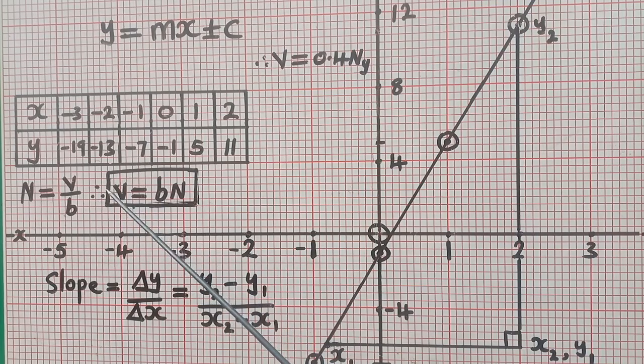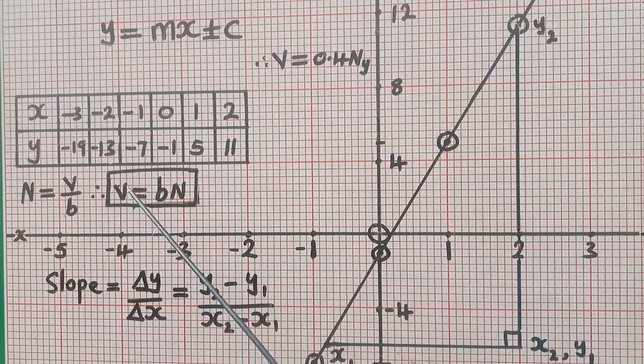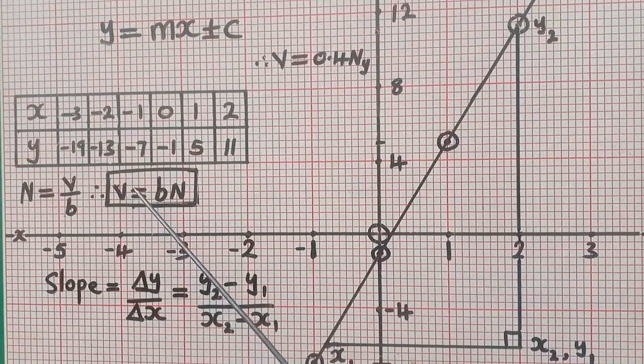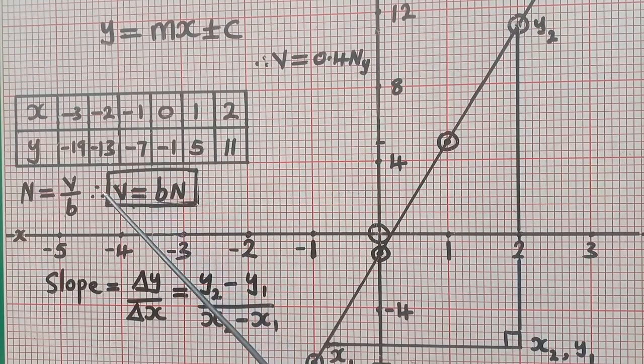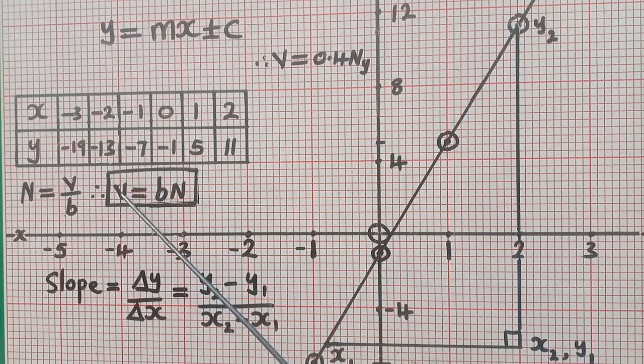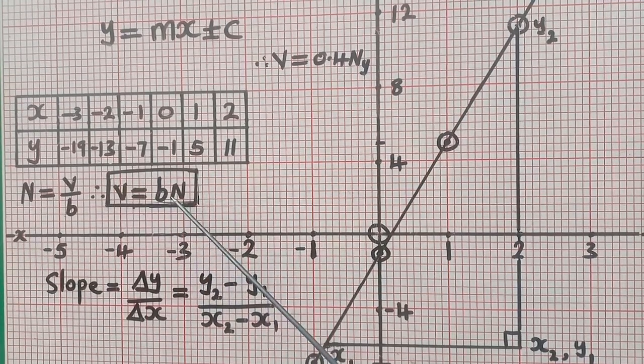This is why to find v, we change v to become its subject. It then reads this way: v is equal to bn. Please confirm that this is what we get when you make v the subject. Again, v is equal to bn.